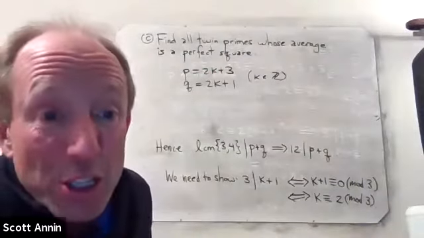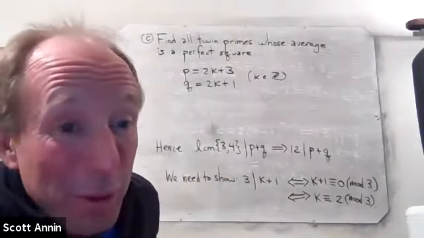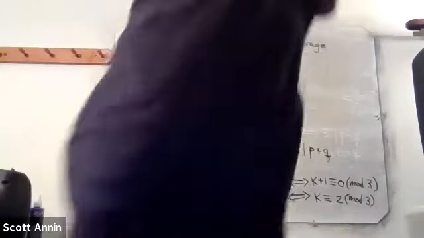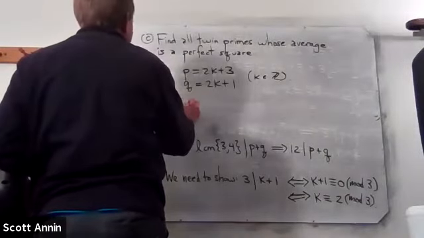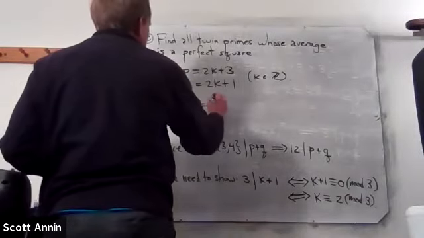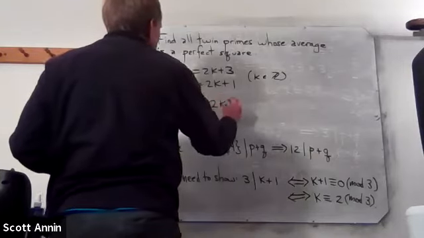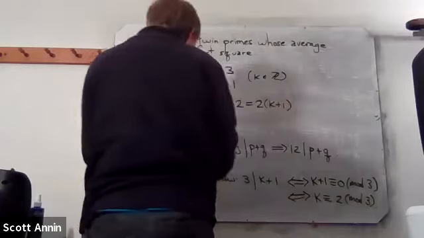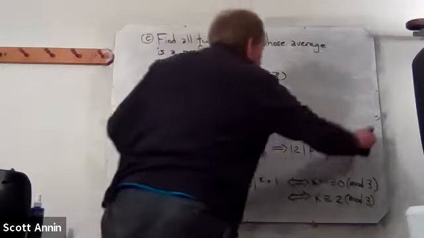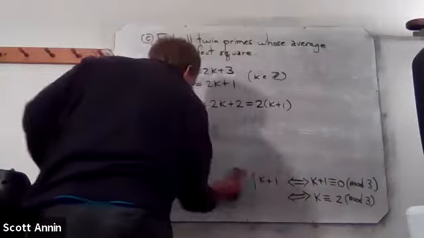So the average is just, of course, 2K plus 2. It's just the number right in the middle. The average is halfway between those 2 numbers, which is 2K plus 2. Or if we want, we can factor this out as 2 times the quantity, K plus 1.